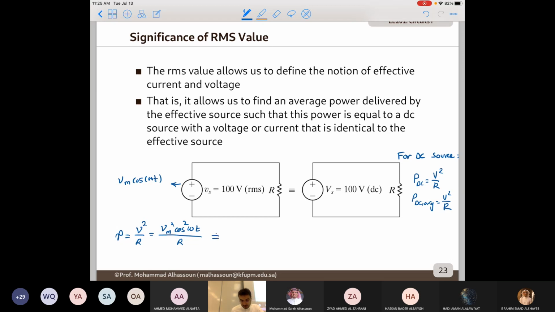Okay, so what is the average here? I need to find the average. In order to find the average, I need to integrate this with respect to time and divide it by the period.